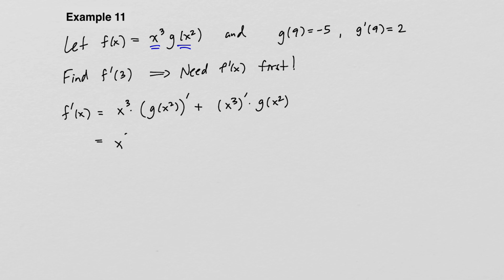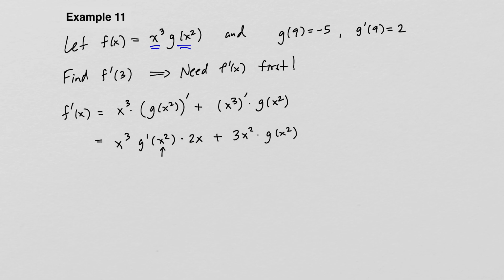And so we have x cubed times the derivative of g of x squared, which is g prime of x squared, and then we have to multiply by the derivative of the inside, and the derivative of x squared is 2x. That's the chain rule. Plus, the derivative of x cubed is 3x squared, and that is multiplied by g of x squared.